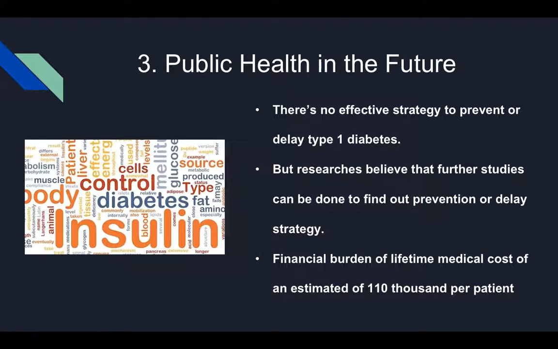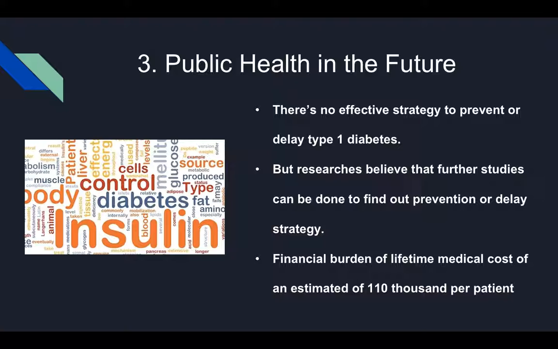Researchers believe that it is possible to delay or prevent type 1 diabetes based on our current understanding of immunopathogenesis of type 1 diabetes, but the current study results are ambiguous on the prevention or delayed effectiveness of type 1 diabetes, and further clinical trials are needed to determine the benefit of the prevention method.